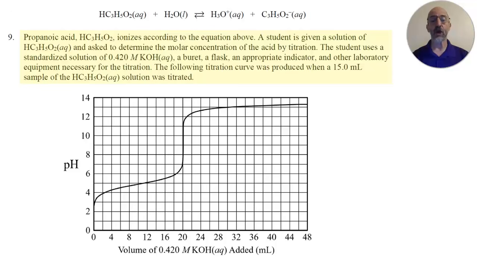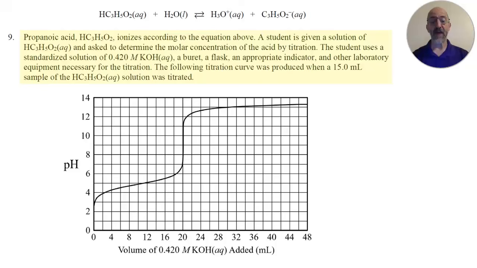Now remember that earlier in this lesson, I talked about how you have to be careful that there are two different solutions, two different volumes, two different molarities or concentrations, and so make sure that you put the correct volume with the correct concentration. Now, let's see what we know in terms of the volume of the titrant, the potassium hydroxide, that was required to reach the equivalence point.